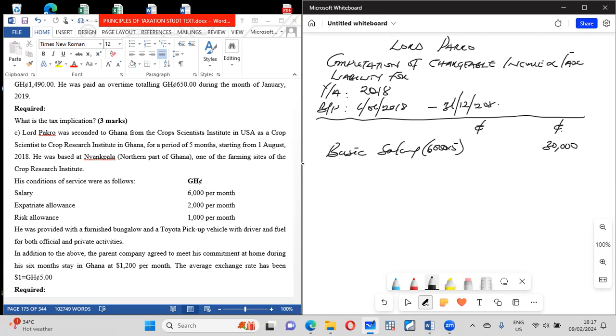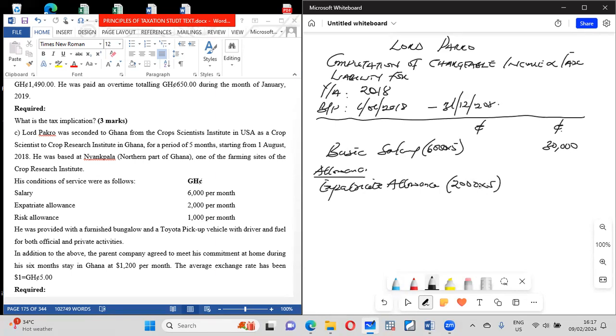He has some allowances. So let's add the allowances or the benefits. We are told that he has expatriate allowance, and that is 2,000 per month.